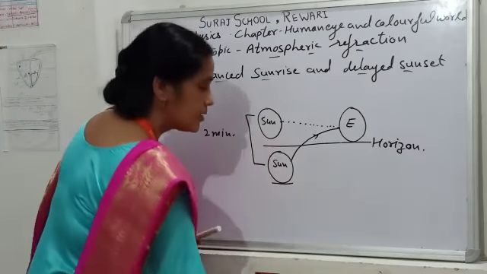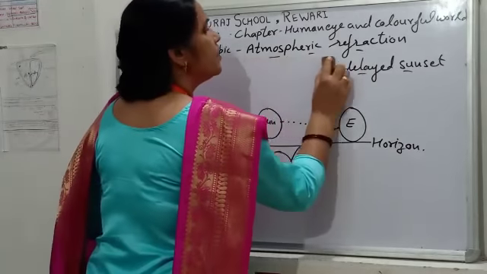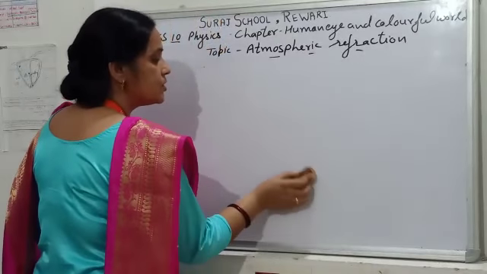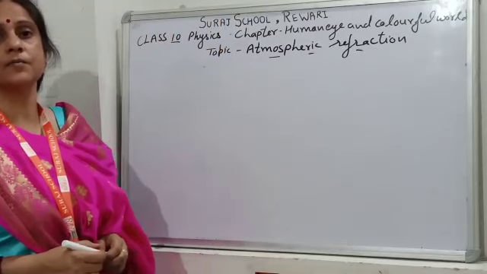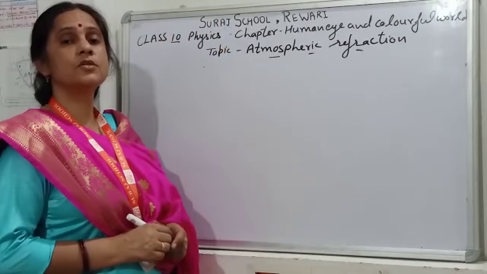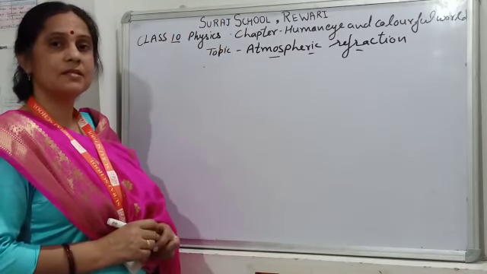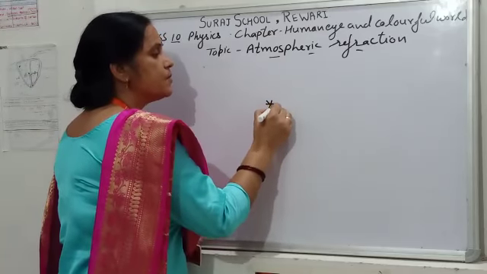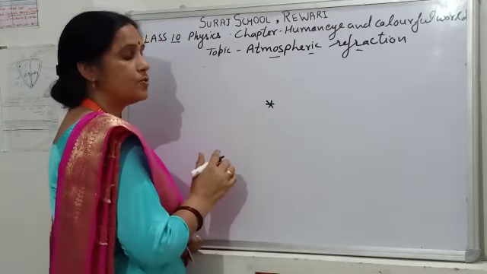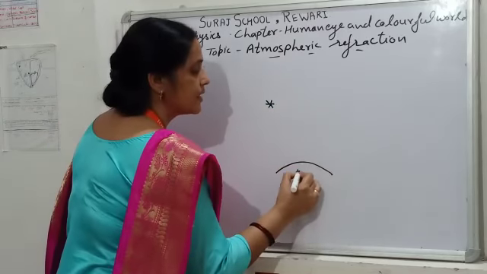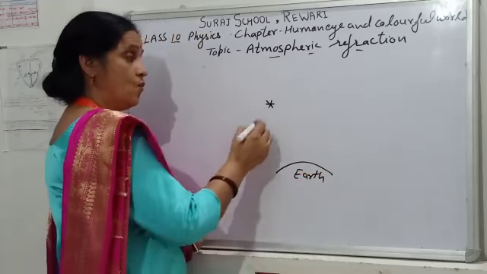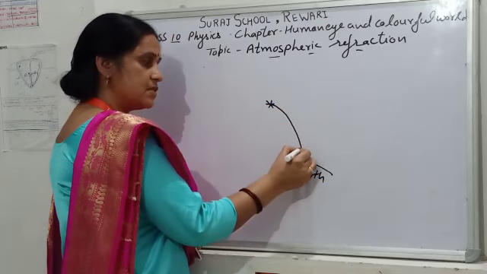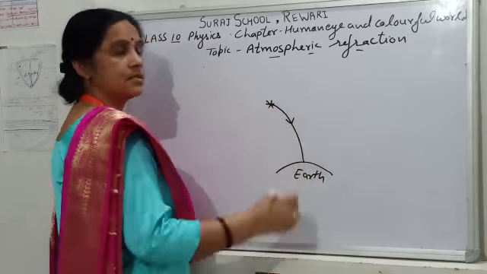Now, another phenomenon: can we see the original position of stars in the sky? Can we see the original position of stars in space? No. Due to the atmospheric refraction, suppose it is a star. It is the original position of a star and it is our earth. When starlight enters the atmosphere, then due to the atmospheric refraction, it bends.